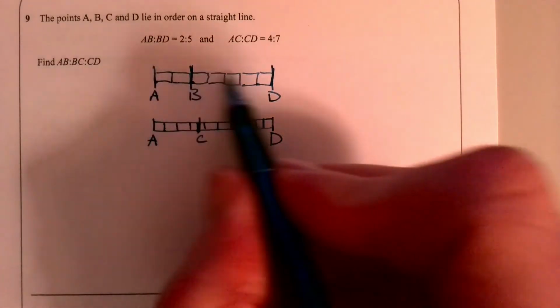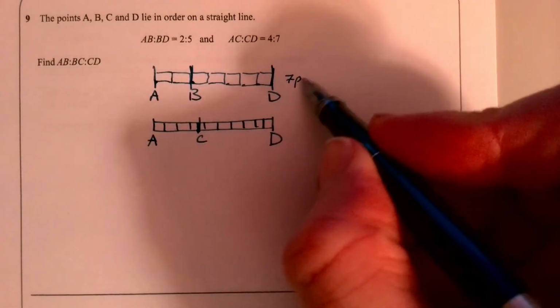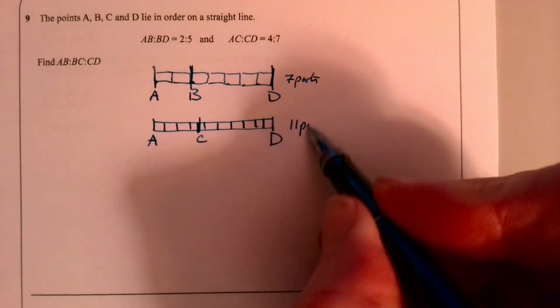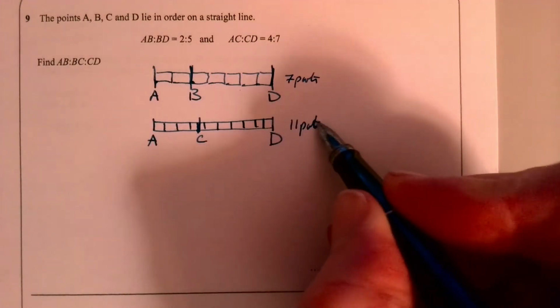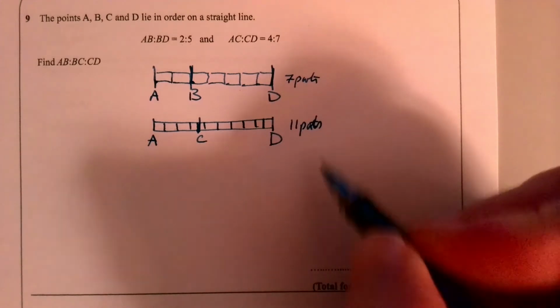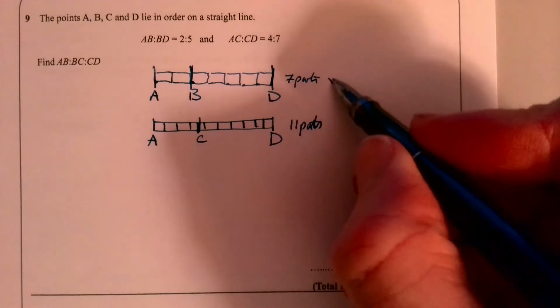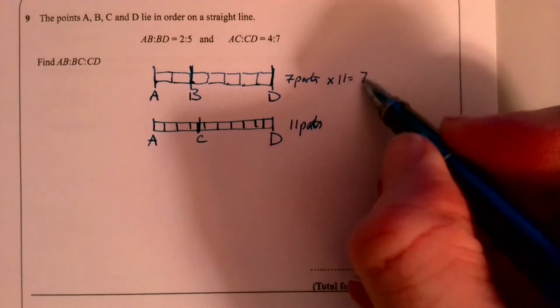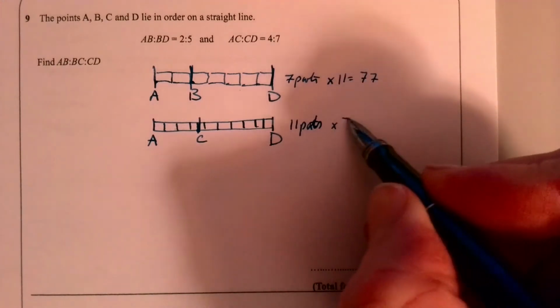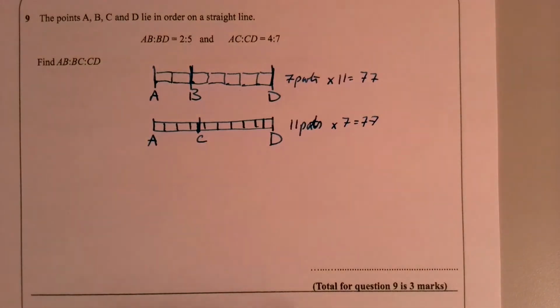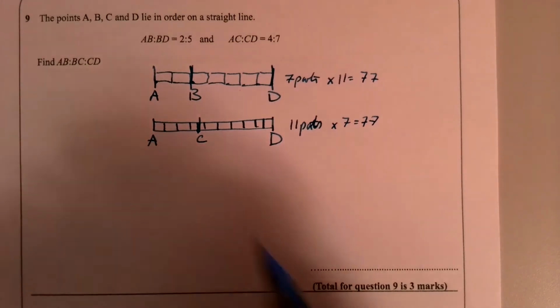Since we've got 7 parts there and the same amount is being done with 11 parts, what we really need here is the lowest common denominator of 7 and 11. Because 7 times 11 makes 77, and 11 times 7 makes 77, we want to have 77 equal parts instead of 7 or 11.